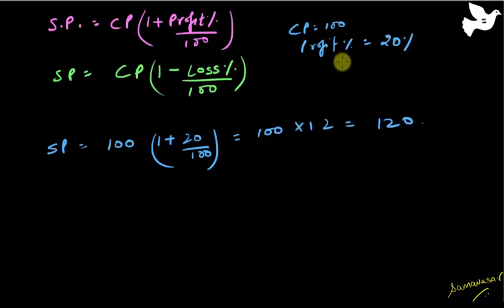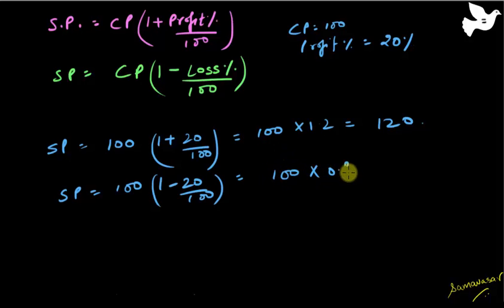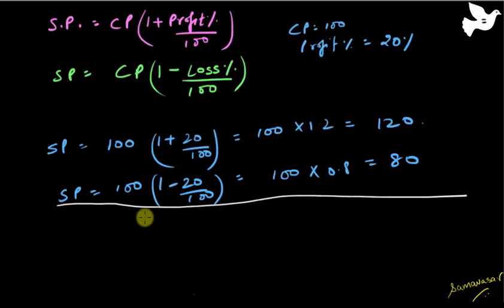Similarly, if the percentage was loss, so if I had a loss of 20%, then my selling price will be 100 into 1 minus 20 by 100, which is equal to 100 into 0.8, which is equal to 80. So that is how I calculate the selling price.